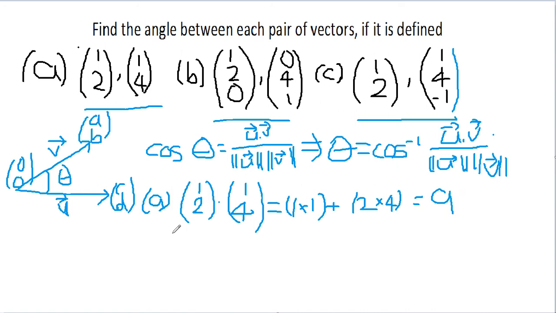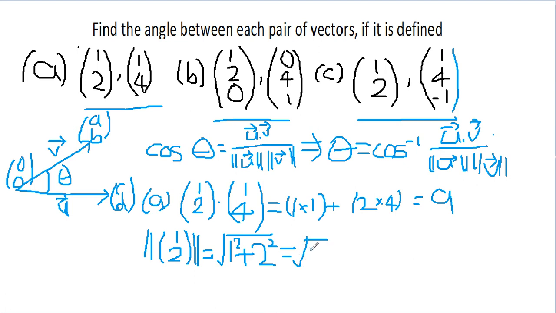And the magnitude of this vector is equal to the square root of 1 squared plus 2 squared, which gives me the square root of 5.